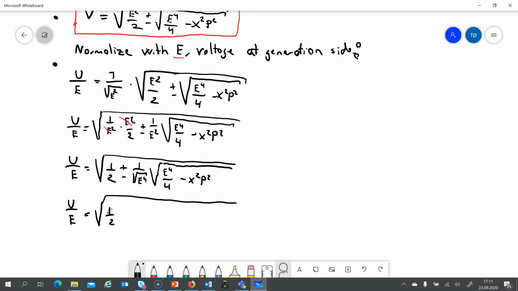Half, plus minus. So then we get inside the square root E to the power 4 minus E to the power 4.